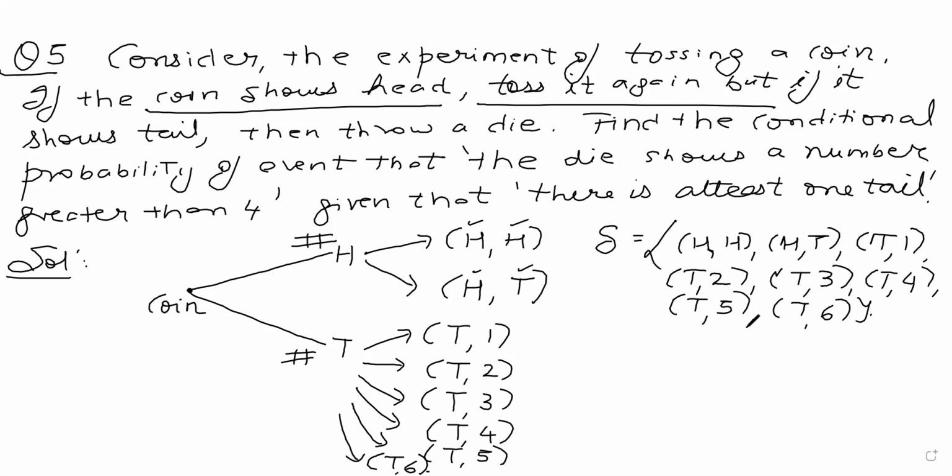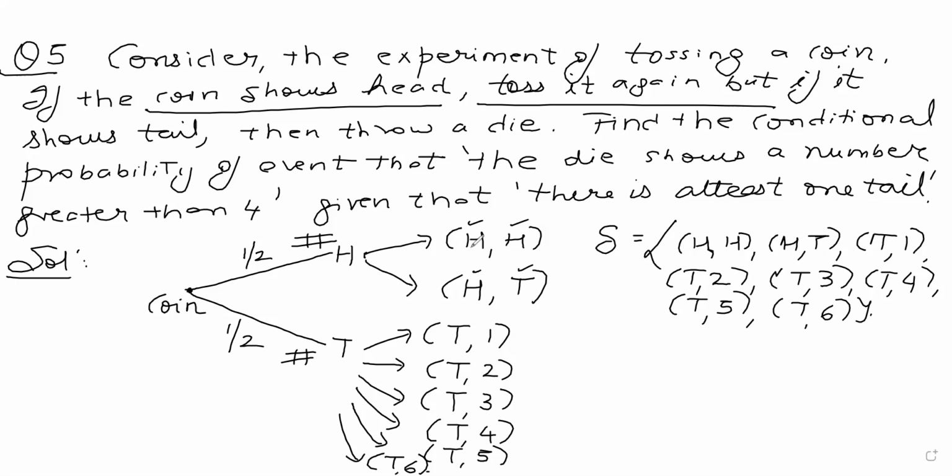Now let us look at the probabilities. Very easy. When I toss a coin, I can get head with probability half and tail with probability half. Very simple. We know this. If I toss an unbiased coin, I can get head with probability half and tail with probability half. Now, once I've got a head, I will again toss a coin.